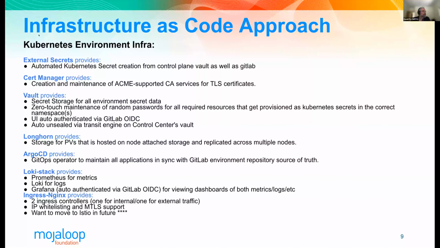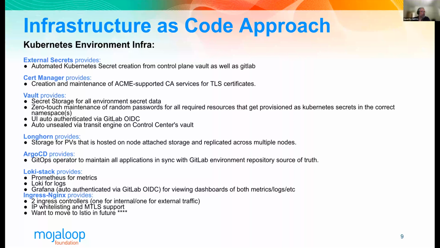So let me switch over to the Kubernetes environment infra, because again, what we're trying to build is an opinionated Kubernetes deployment that can be deployed on any infrastructure and with sufficient customization capabilities to allow the actual code that provisions these components not to care what kind of Kubernetes cluster or underlying infrastructure they're being deployed on.